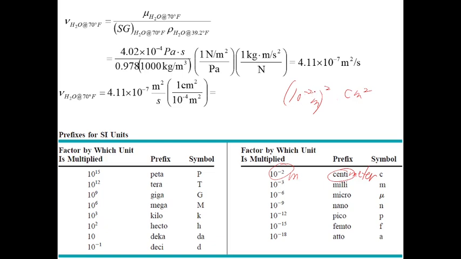So, ano yung 10 to the negative 2 square? 10 to the negative 4 square meter. Negative 2 times 2, negative 4. Therefore, 1 square centimeter is equals to 10 to the negative 4 square meter. Doon nakuha yan. Okay?